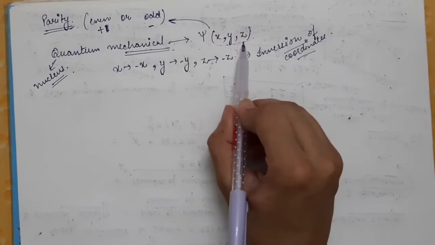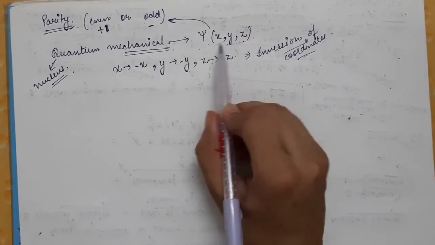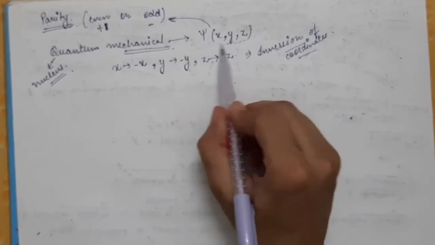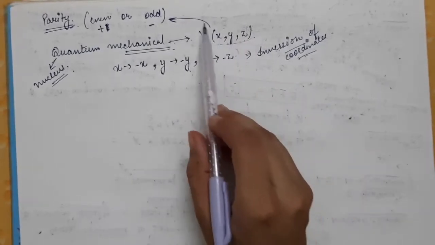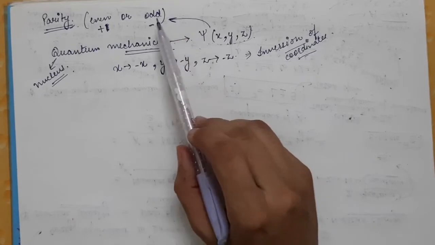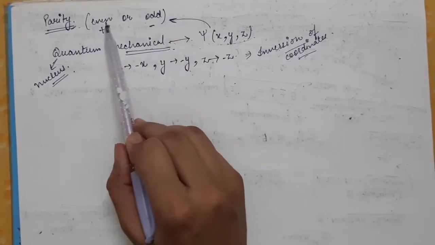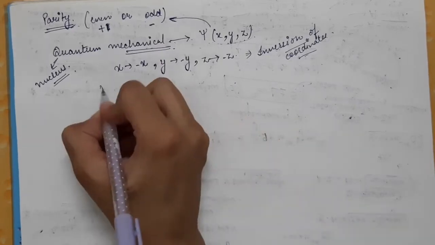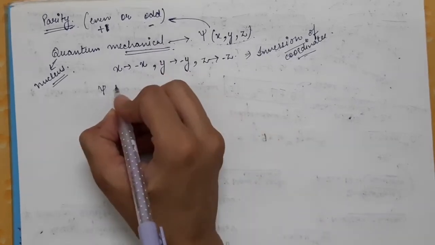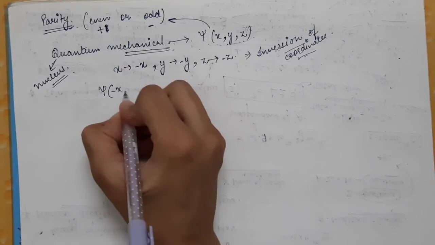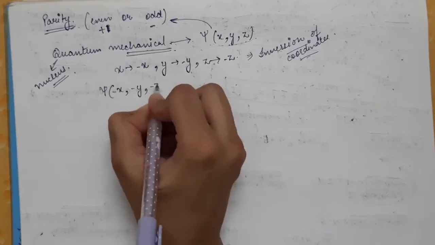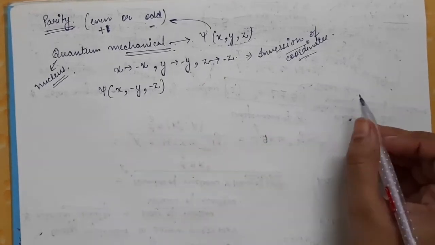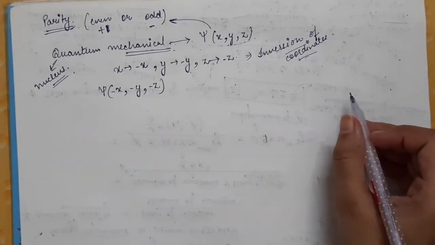Upon inversion of coordinates, how the wave function of the nucleus behaves will define whether the parity of the nucleus is even or odd. So on the inversion of coordinates, the wave function of the nucleus becomes a function of minus x, minus y, minus z.